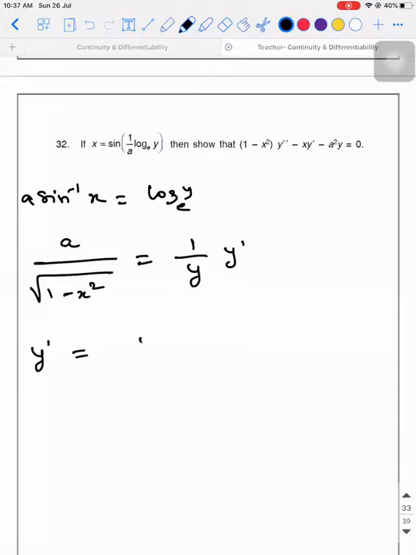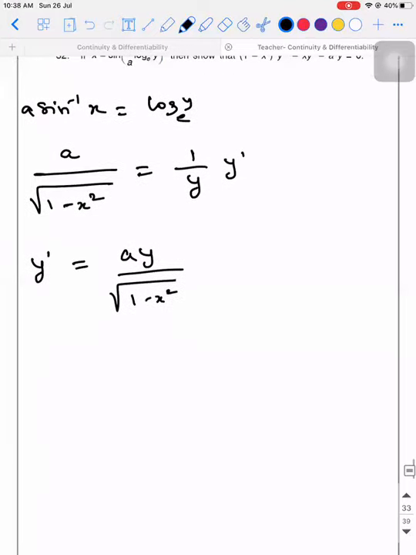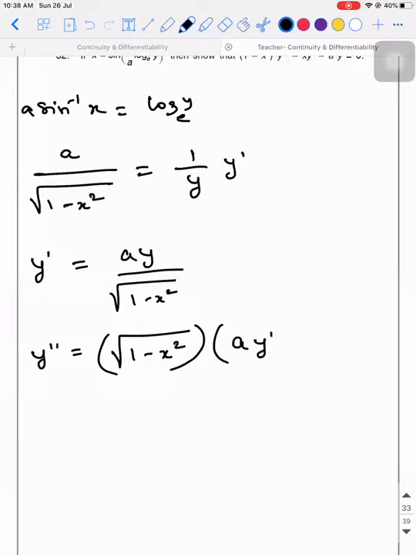So y dash will be equal to ay divided by root of 1 minus x square. So for y double dash, what you can do is apply the u by v rule. So root of 1 minus x square into a into y dash minus ay into the derivative of, see, what did I do? One minute, sorry.